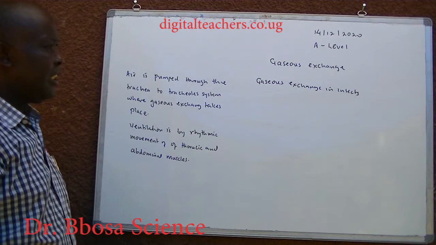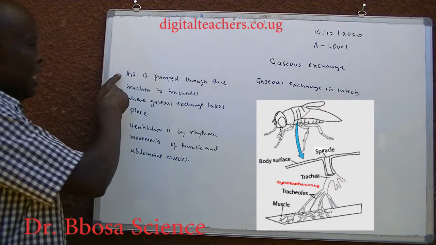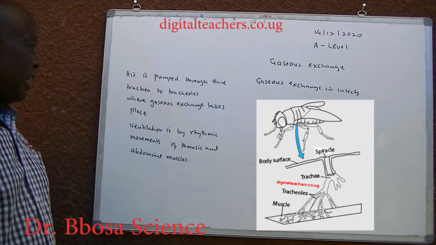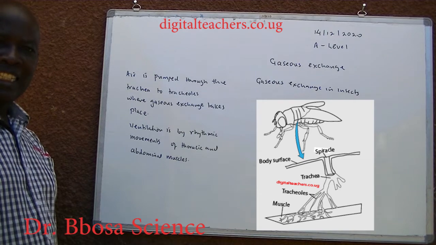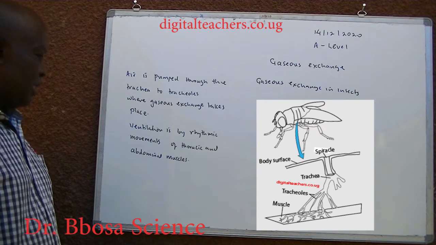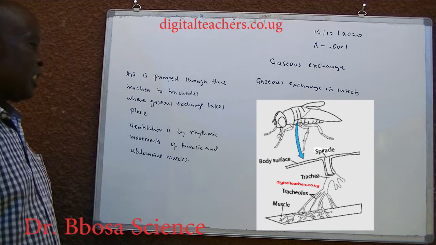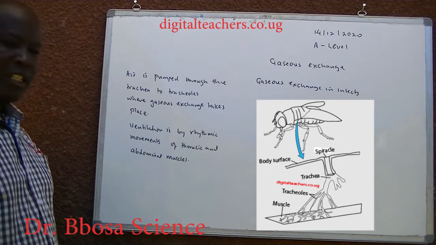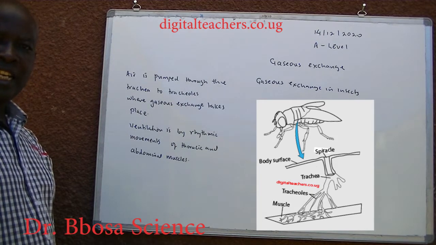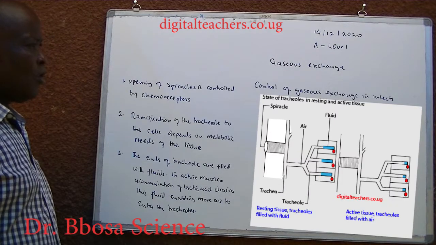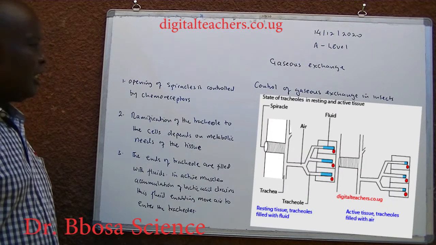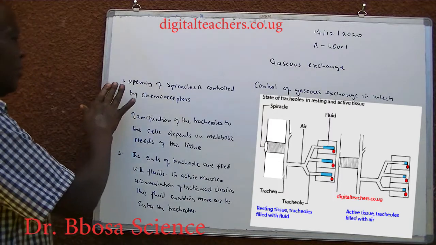Gaseous exchange in insects. Air is pumped through the trachea to the tracheoles where gaseous exchange takes place. Ventilation is by rhythmic movements of thoracic and abdominal muscles. Control of gaseous exchange in insects. 1.